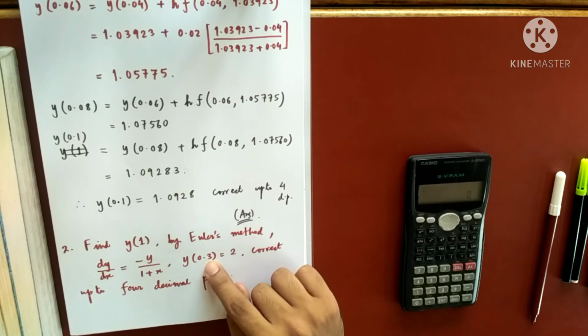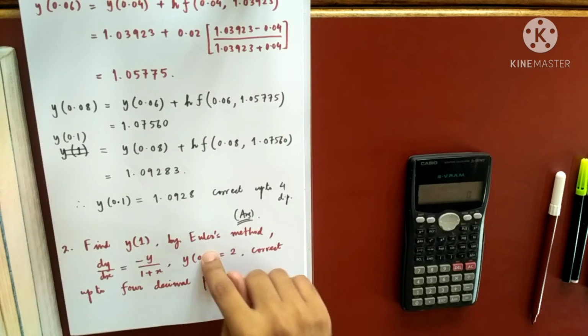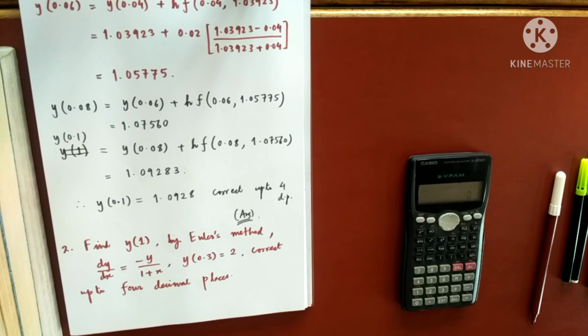So the next values will be 0.4, 0.5, 0.6, 0.7, 0.8, 0.9 and then finally 1. You can also take a smaller h, like 0.05, but that will take more iterations. So better we choose h equals 0.1, and that will lead to 1 in around 7 steps.